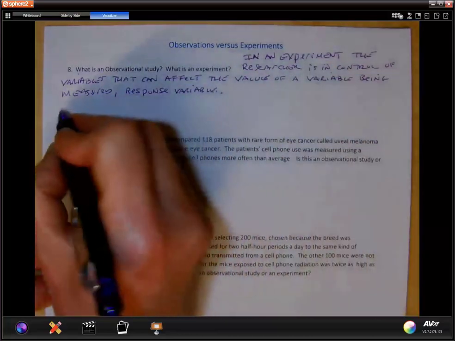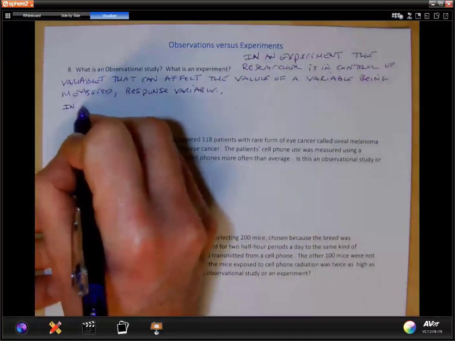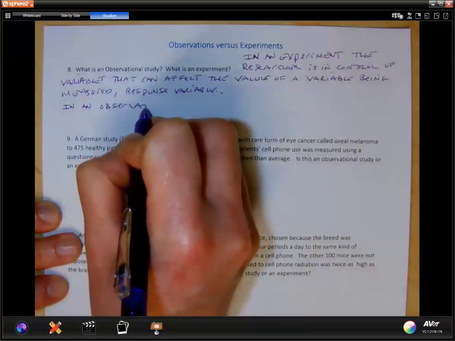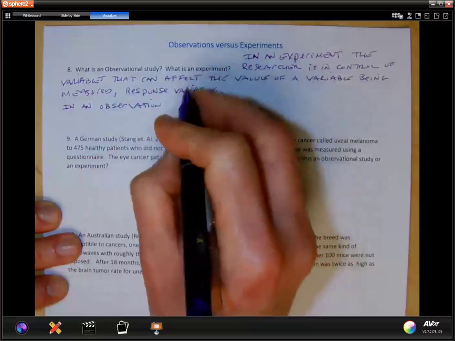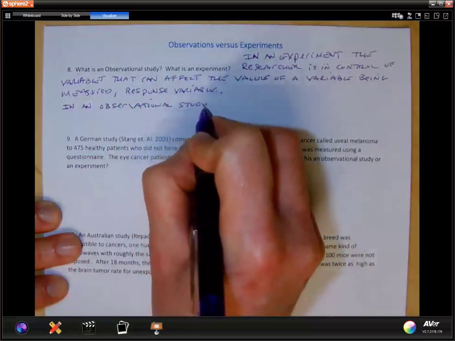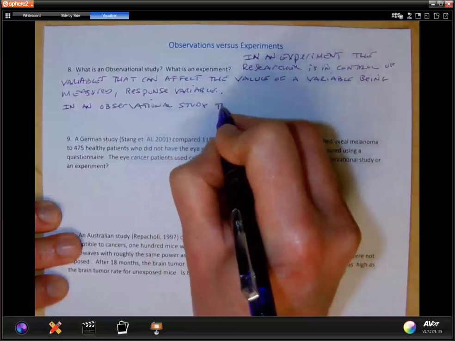How is it different from an observation? Well, in an observation, or say an observational study, the researcher is not in control.